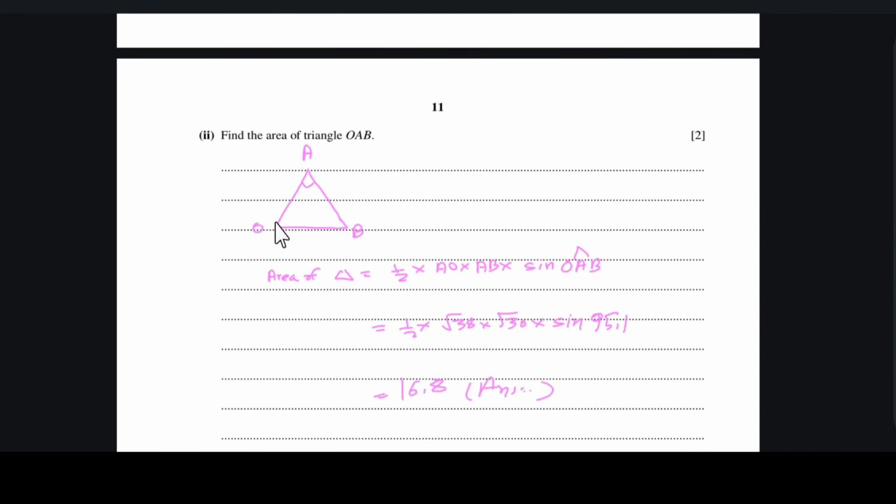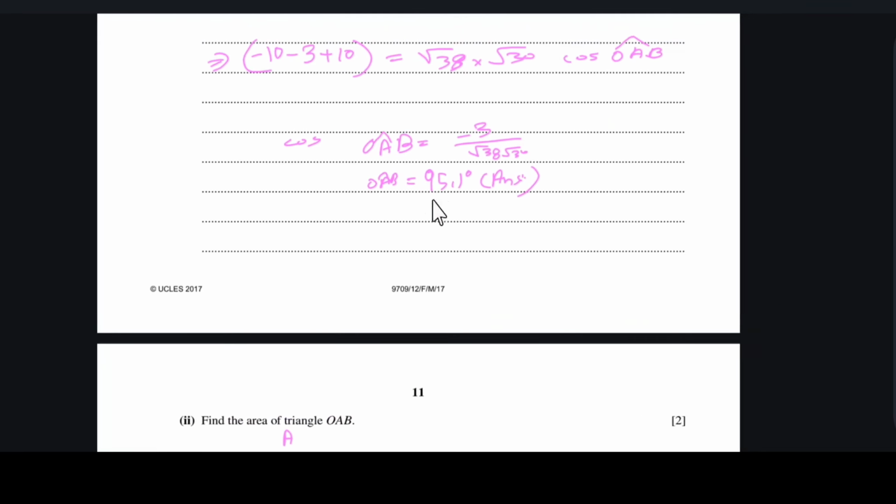Then we need to find the area of the triangle OAB. The area of the triangle is half AB sine C, that is half times the two sides and the sine of the angle in between them.